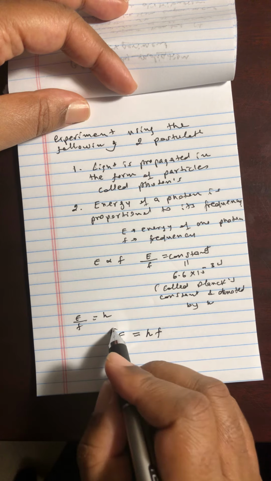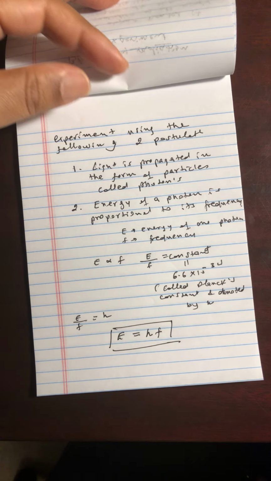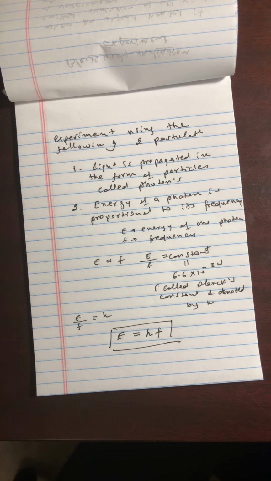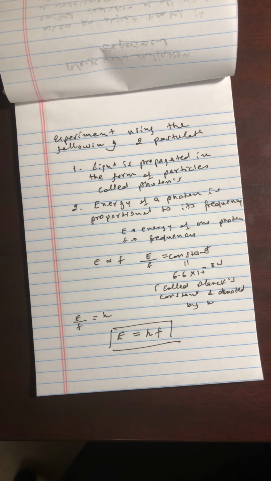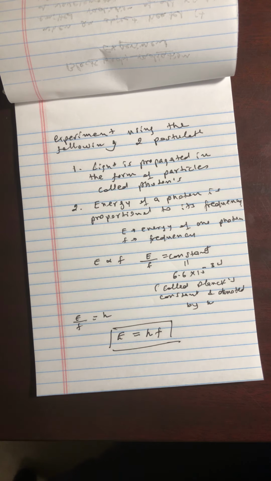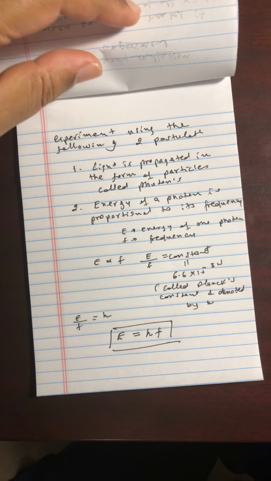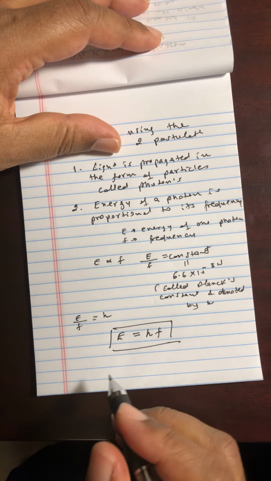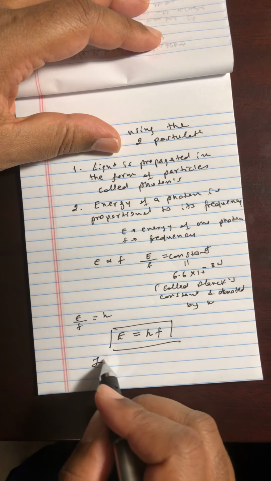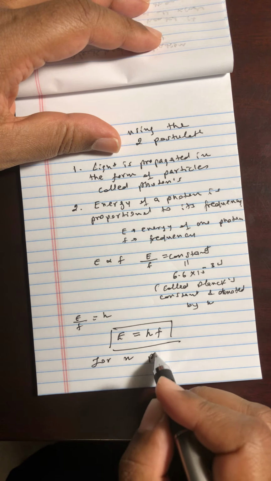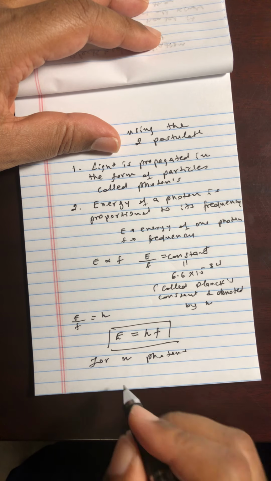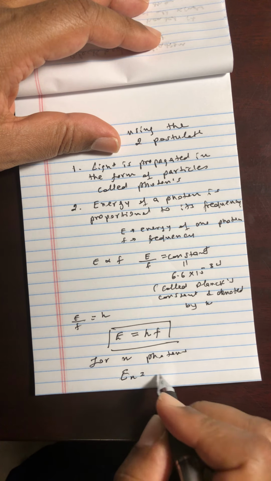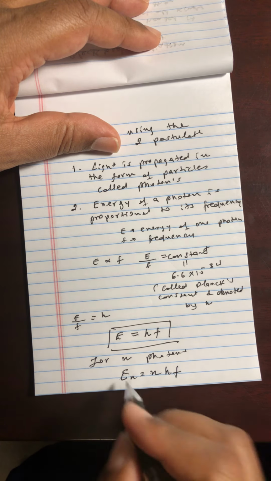So these are the two postulates that enabled Max Planck to explain the black body radiation experiment. All right, and if there are n photons, you just multiply by n. For n photons, you've got E equals nhf.